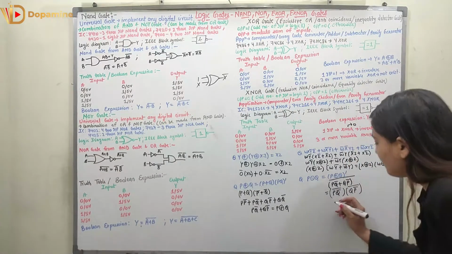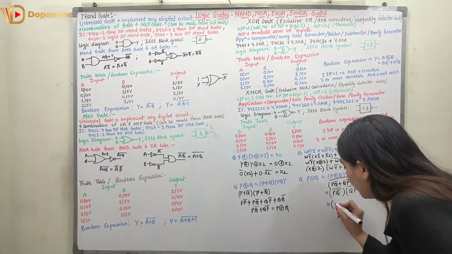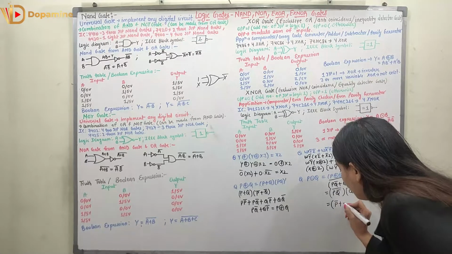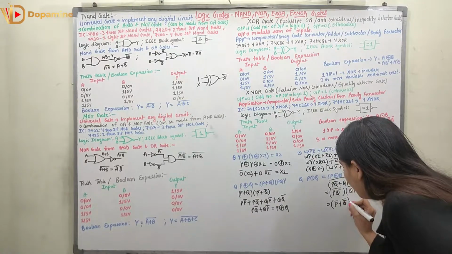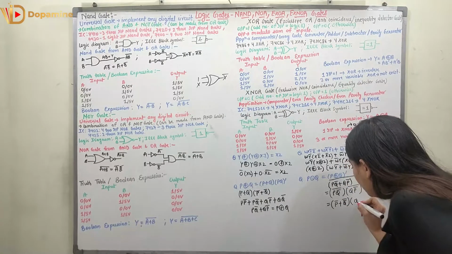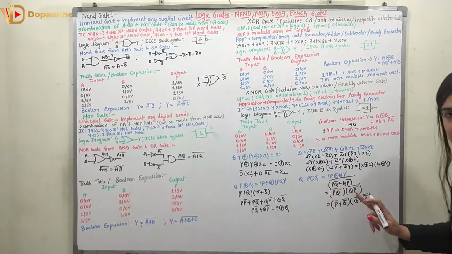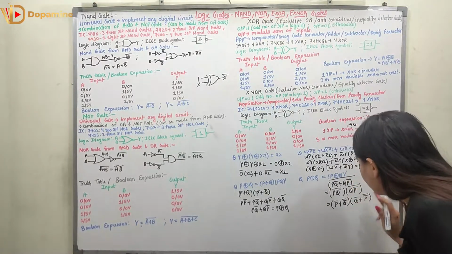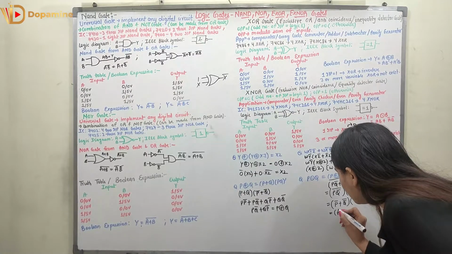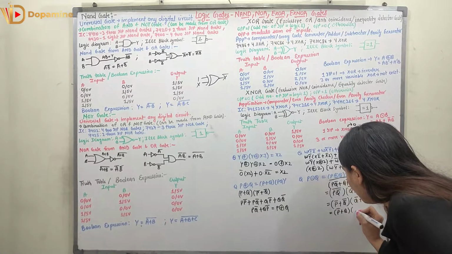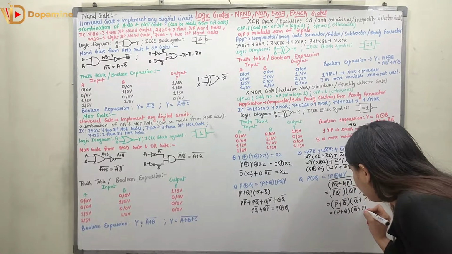Again I can use De Morgan's law. So now we will be having P bar plus Q bar whole bar multiplied with Q bar plus P bar whole bar. Q's double complement is Q, P's double complement is P. So it is P bar plus Q, Q bar plus P.